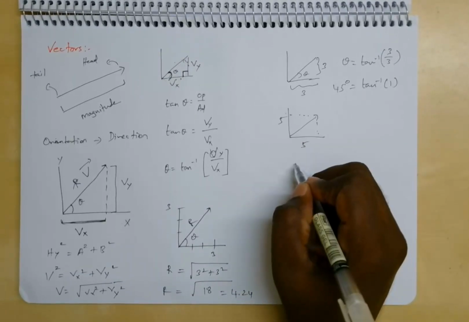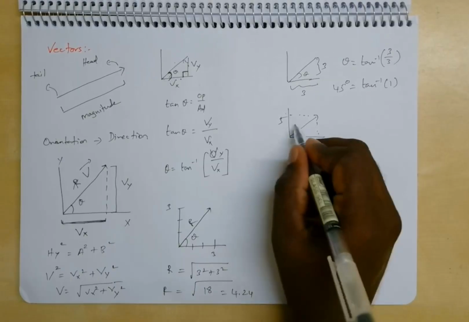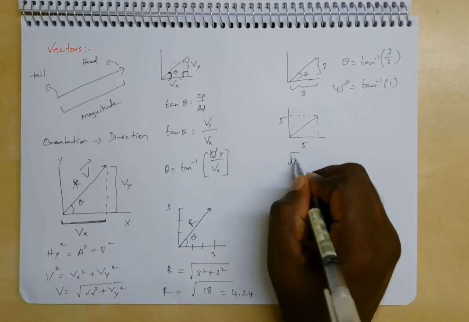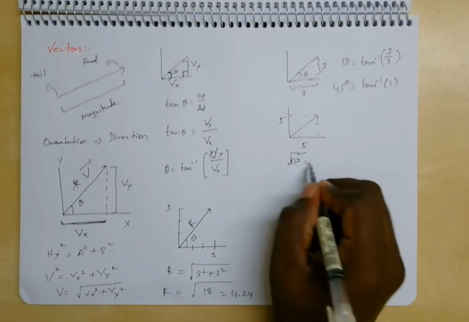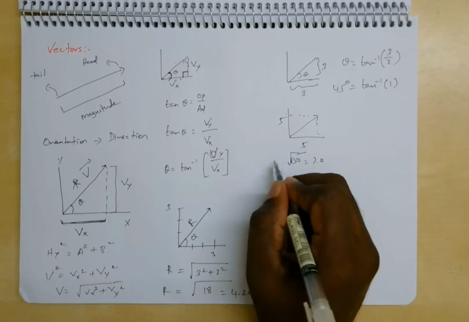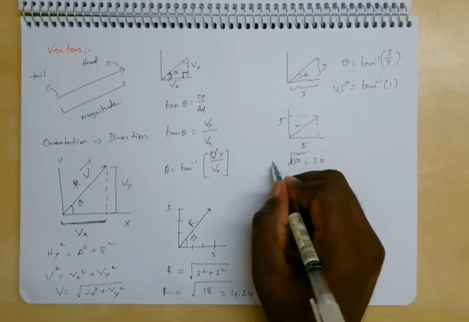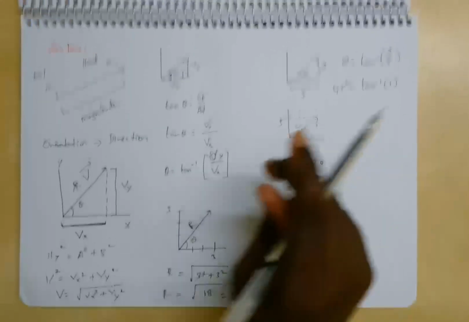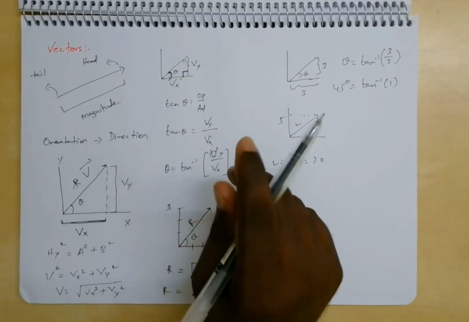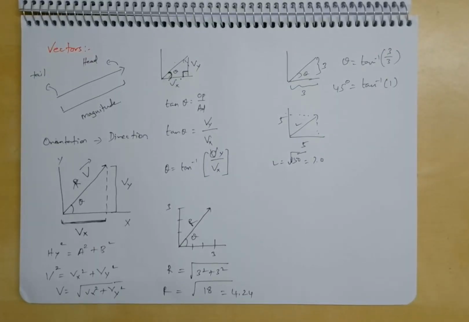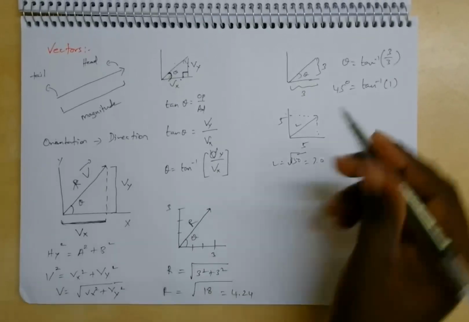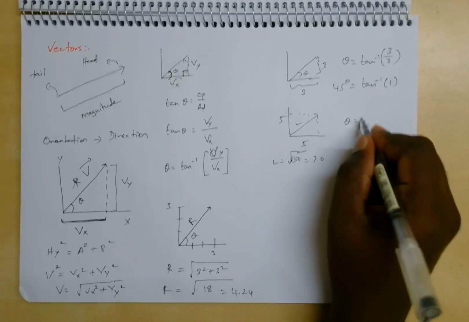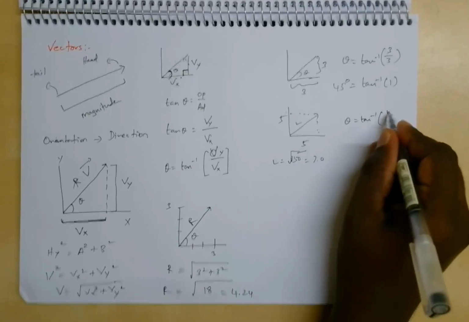So, length will be again root 50. Then, angle? You do not need to calculate, because we know that theta is tan inverse of 5 by 5.